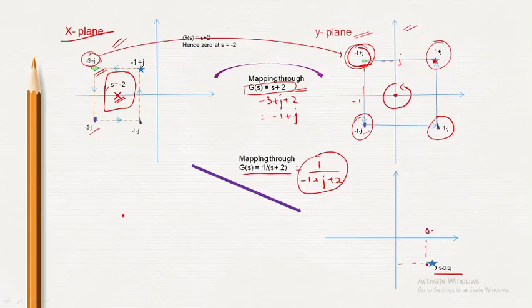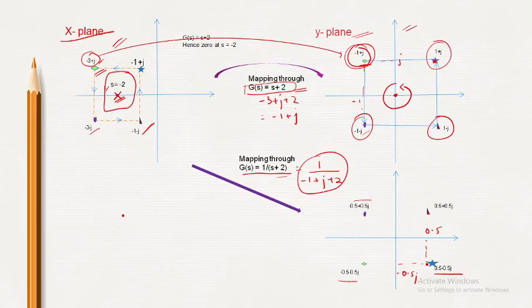So this is 0.5 and this is minus 0.5j, and the intersection of these two is 0.5 minus 0.5j. Now the next point, minus 3 minus j, like in the previous example: if you map it through this same function, you'll get the point minus 0.5 minus 0.5j. Similarly, minus 3 plus j maps to minus 0.5 plus 0.5j, and minus 1 minus j maps to 0.5 plus 0.5j.